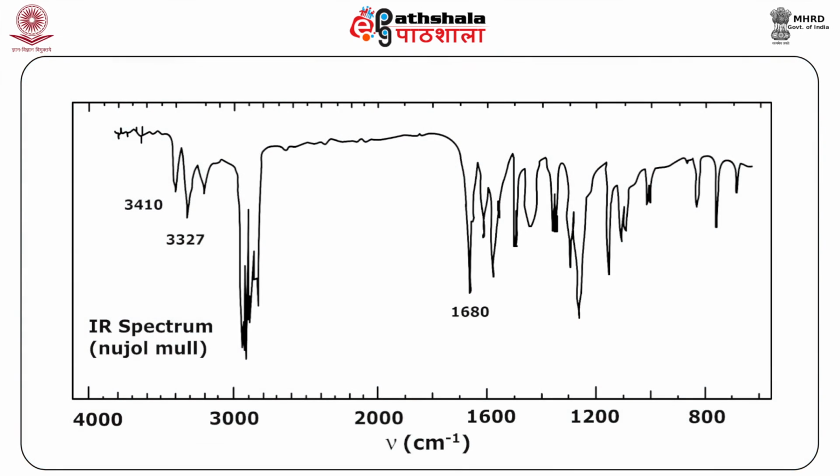The IR spectrum, that is, the infrared spectrum, shows a strong absorption at 1680 cm⁻¹, which is attributed to the carbonyl stretch at unusually low frequency. That indicates this carbonyl group must be a strongly conjugated ketone or a grouping like an amide.